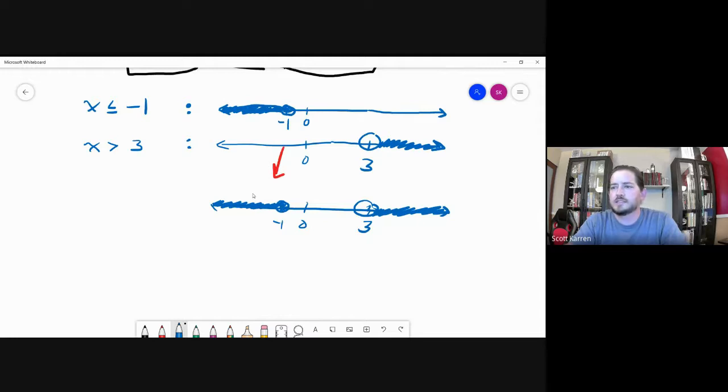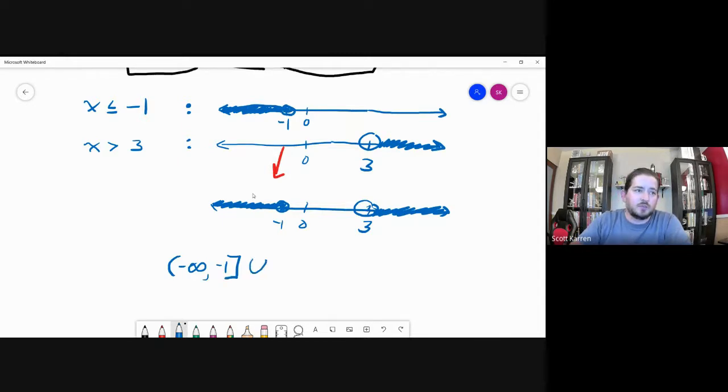There's one set that goes all the way to negative infinity, ending at -1, and there's a completely disjoint set starting at 3 that goes off in the other direction to infinity. So to write this in interval notation, I would write parentheses with -infinity, going up to -1, and since -1 is included, it's a bracket.